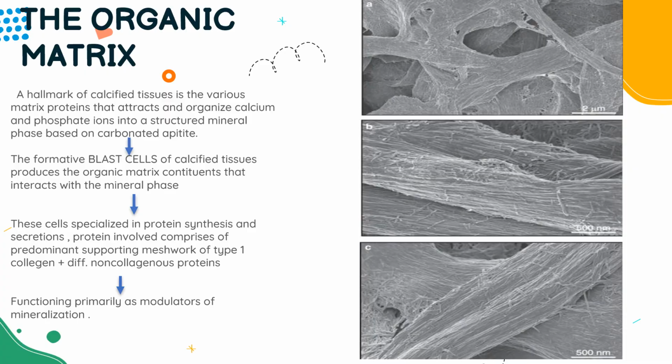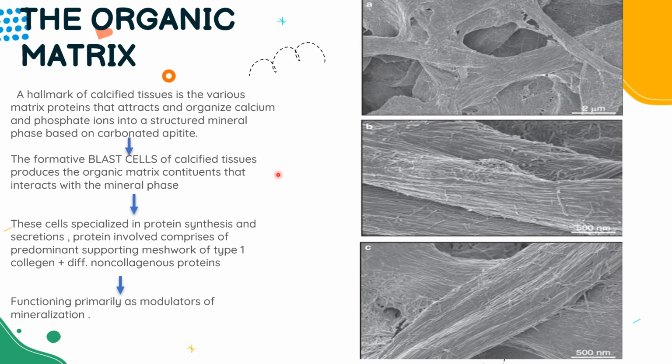So organic matrix: a hallmark of calcified tissues is the various matrix proteins that attract and organize calcium phosphate ions into a structured mineral phase based on carbonated apatite. Carbonated apatite is a type of hydroxyapatite crystal. This type of crystal, that is hydroxyapatite crystal, we are going to study in the next slide.